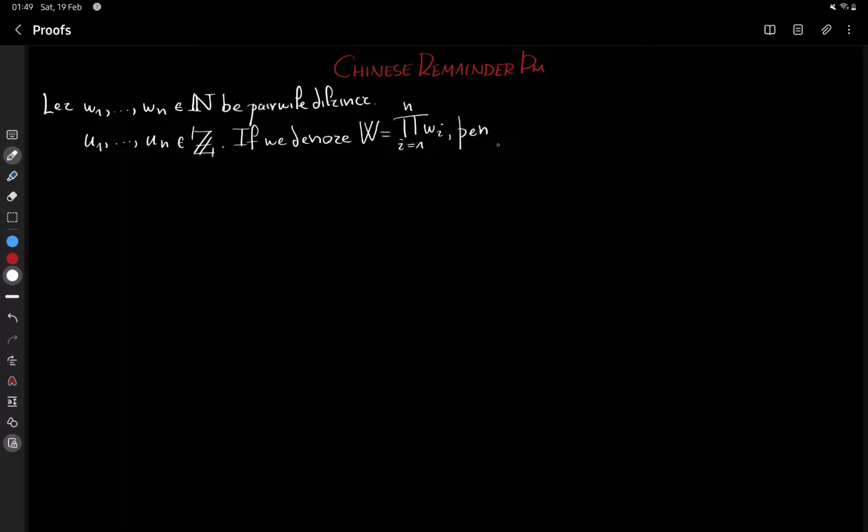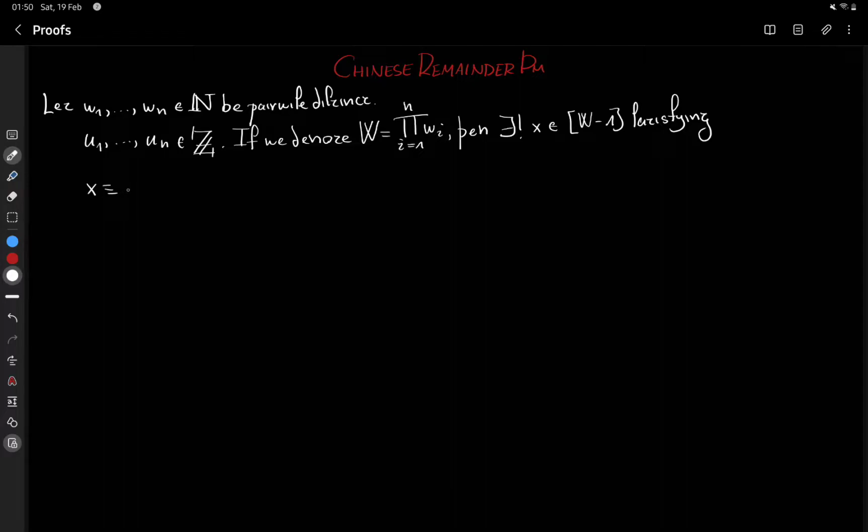Then there exists precisely one X in the set of integers from 1 up to W minus 1 satisfying the following systems of equations or congruences.